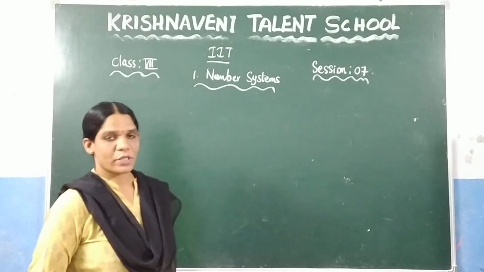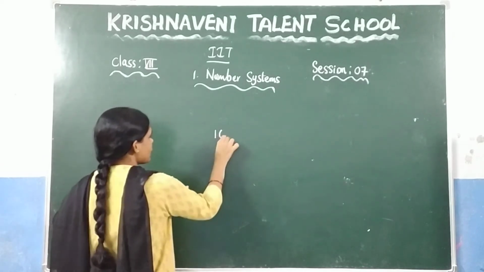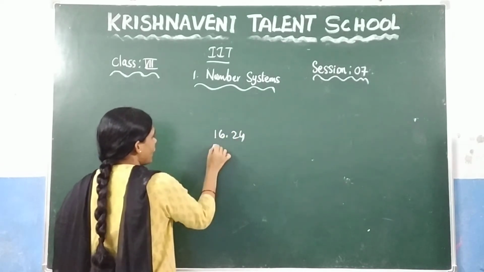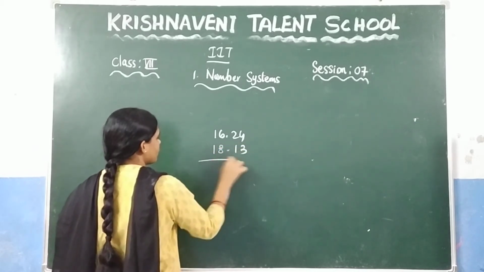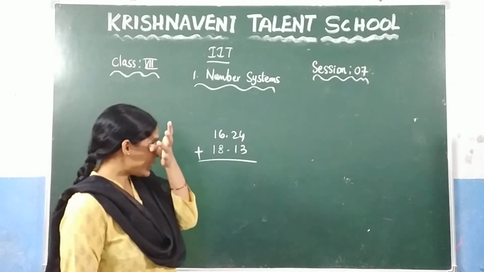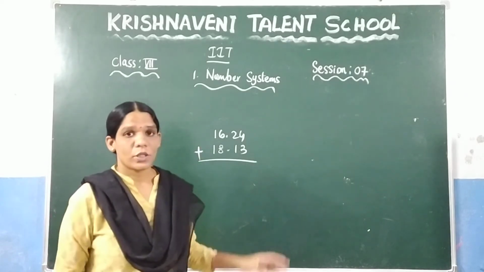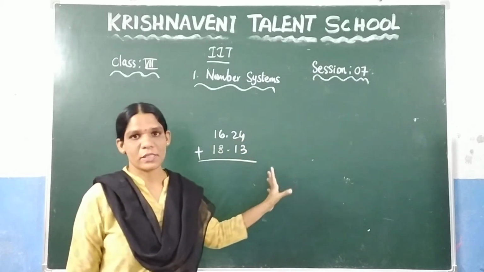Let us consider two decimal numbers. It is very easy to add decimal numbers. Consider 16.24 and 18.13. If you want to add these two decimal numbers, you need to add the right side of the decimal point first.